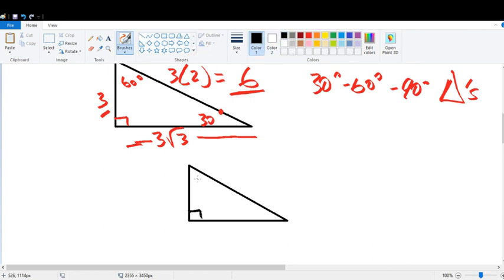Hypotenuse, and we have a 30, 60, 90 degree triangle. The hypotenuse here is 10. Well, again, recall the hypotenuse is double the short leg, so the short leg has to be 5, and the longer leg has to be 5 root 3. Okay?